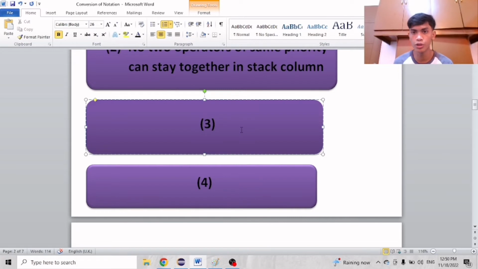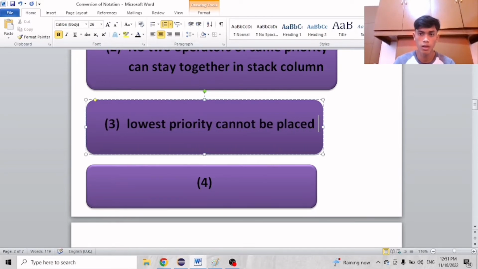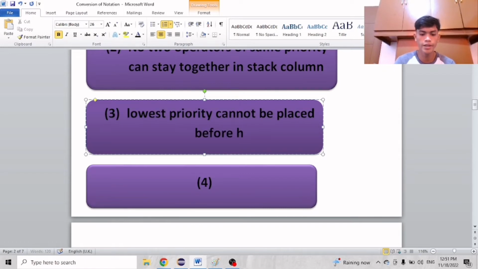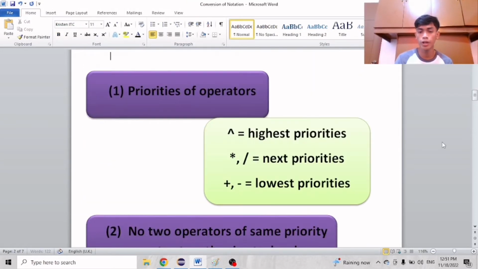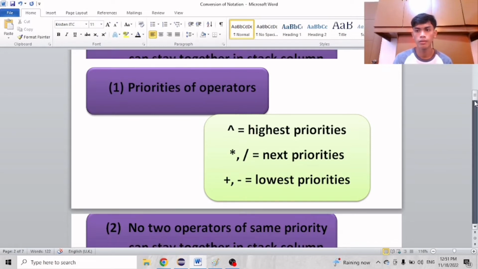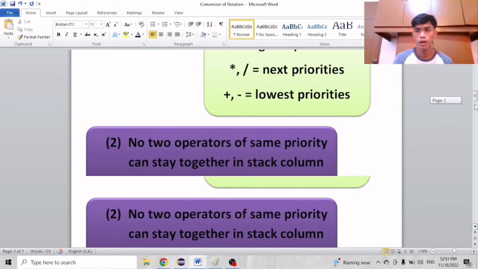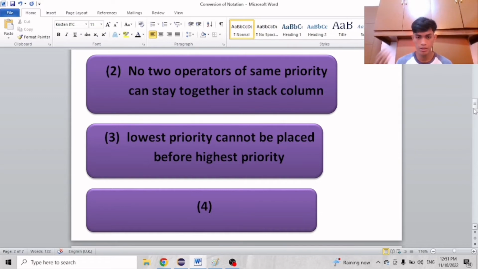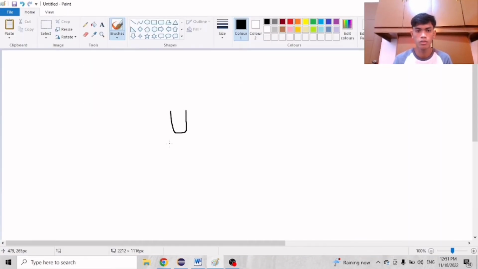So what is the number 3 rule? The lowest priority cannot be placed before the highest priority. As I said earlier, if you are the lowest, you cannot be placed before the highest. So the example here is this.